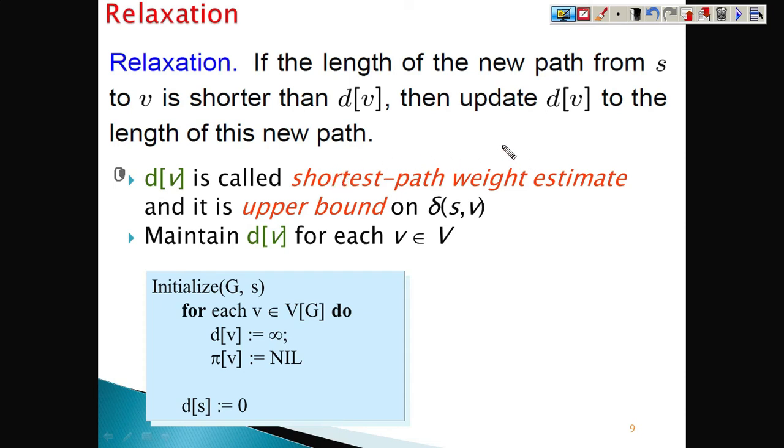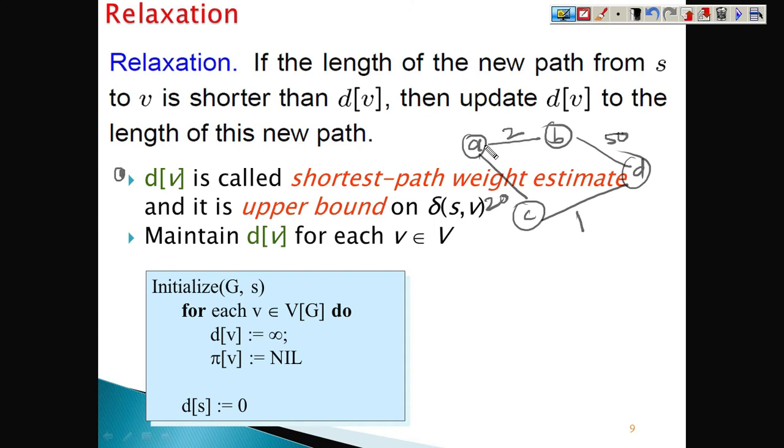Let's say we have this graph with A, B, C and D. Let's say this edge is 2, this is 20, this is 1, this is 5, and 50. When you work with the greedy approach, what will happen?